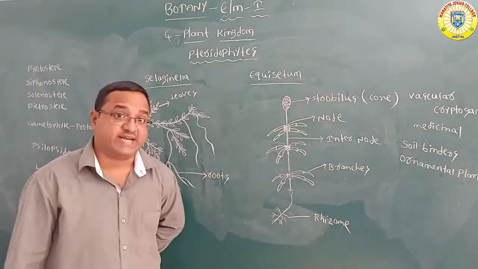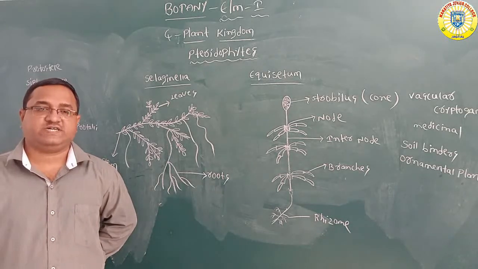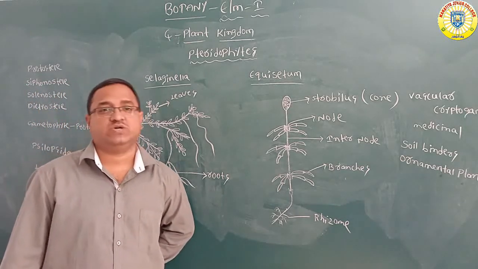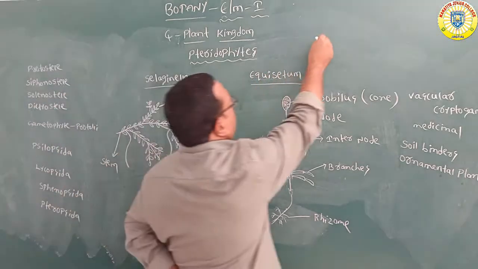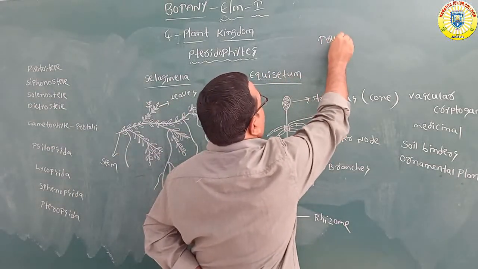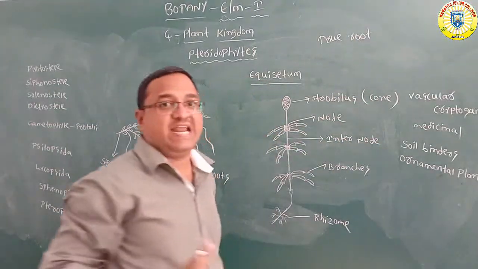These are the terrestrial land plants that first contain vascular tissue, and these plants contain true roots. We can see clearly there is no thallus.